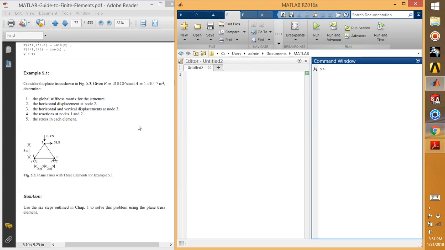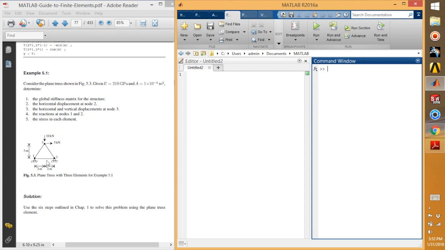As you can see, we have 3 nodes, 1, 2 and 3, and some forces are applied on node 3, and we are going to find the global stiffness matrix, horizontal displacement at node 2, 3, and reaction at node 1 and 2, and then stress in each element.